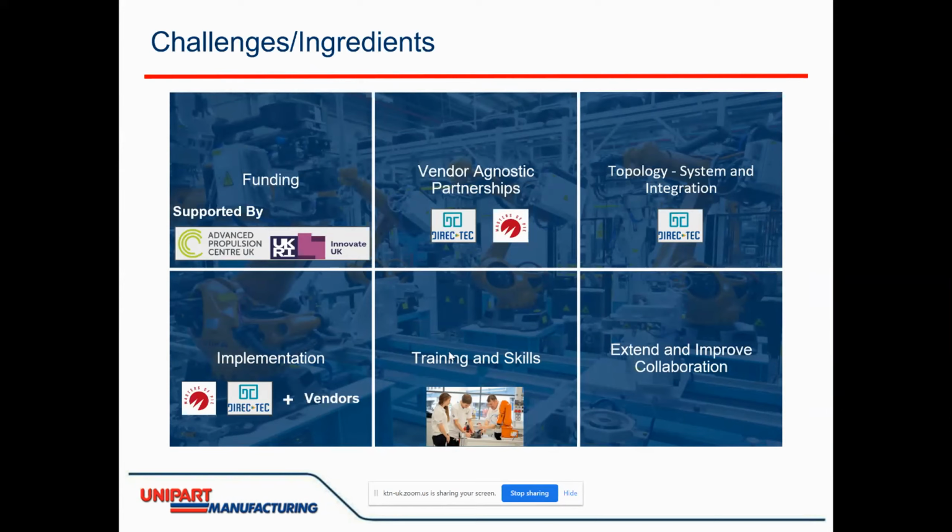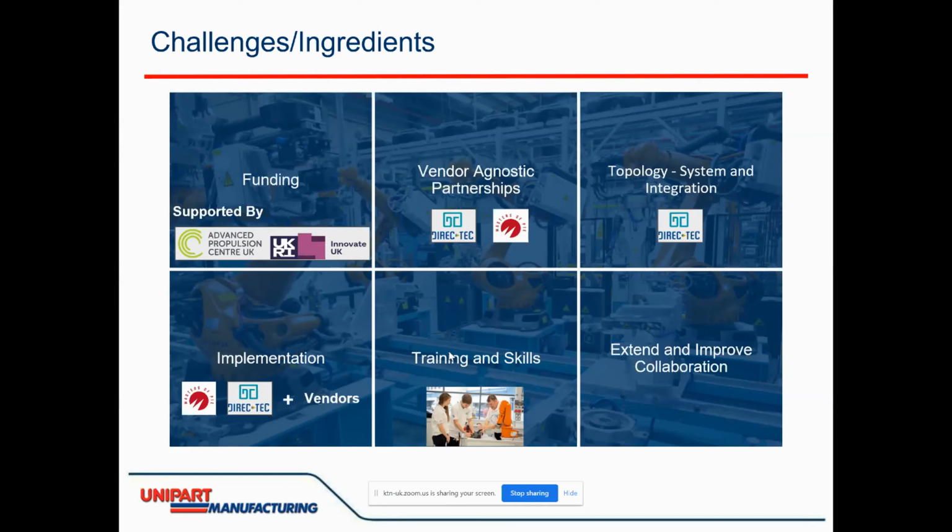The second thing is working with vendor agnostic partnerships. You will hear from DirectTech and Masters of Pi later on. These are partners that are not tied to a specific vendor, and they can work with you to define that topology that I showed earlier, to make sure that you realize what you need and what the pain points in the business are, and that you're addressing those.